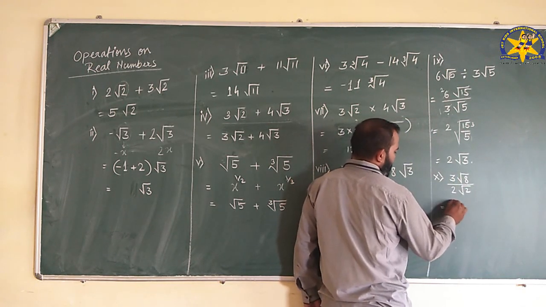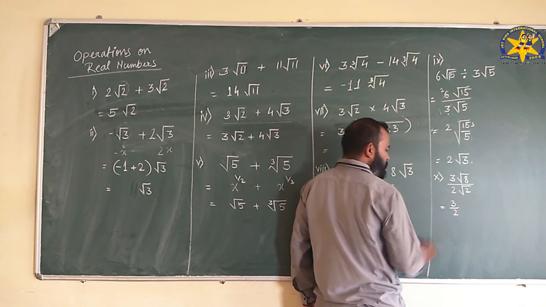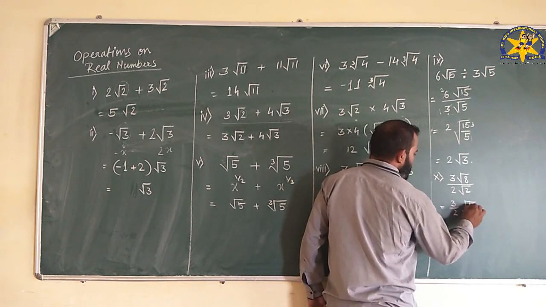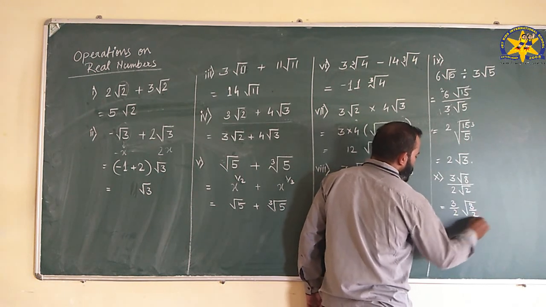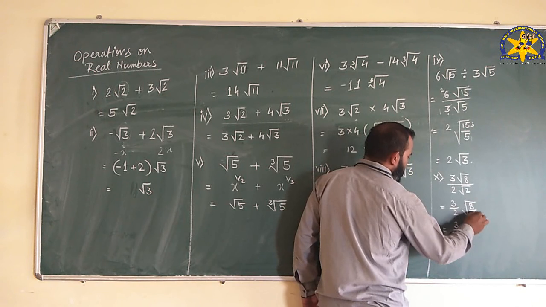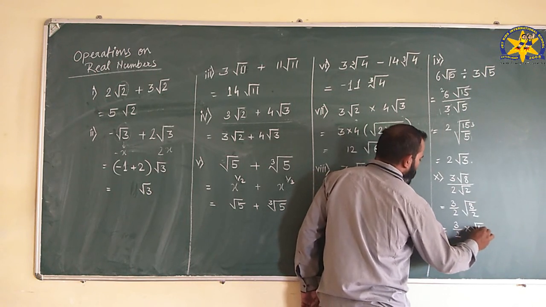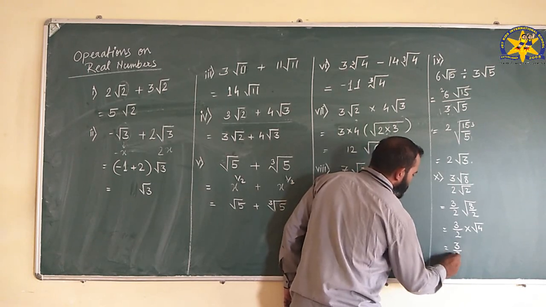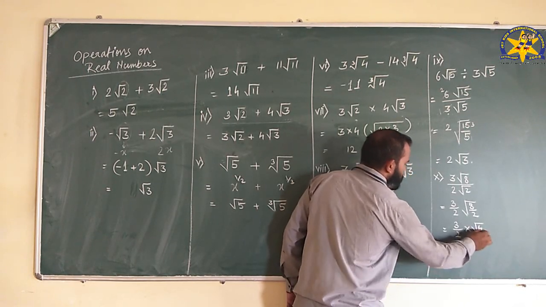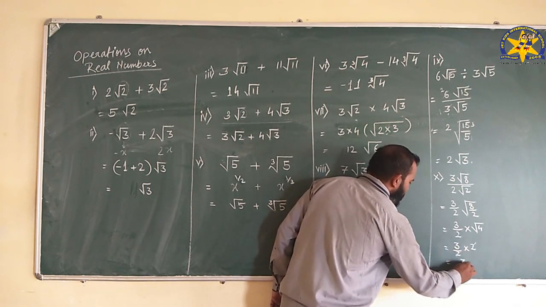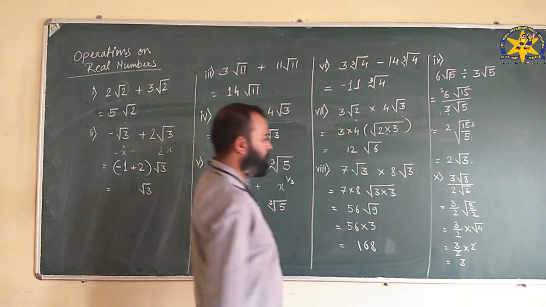What will come? 3 by 2, rational by rational, irrational by irrational, 8 by 2. That is 3 by 2 multiplied by root of 8 by 2, which is root 4. Square root of 4 is 2. 2 gets cancelled. Answer will be 3.